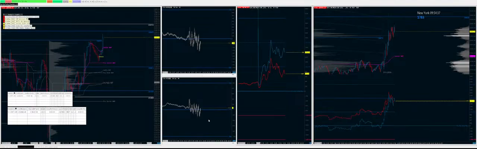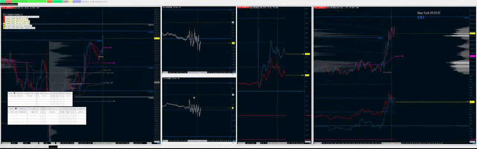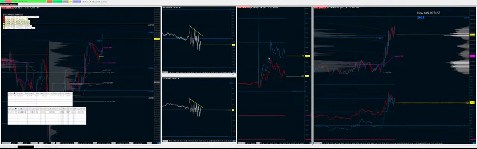So, check it out. We've got multiple divergences here. We have the NYSE tick, the Nasdaq tick, trades delta, and our volume delta all diverging from price.